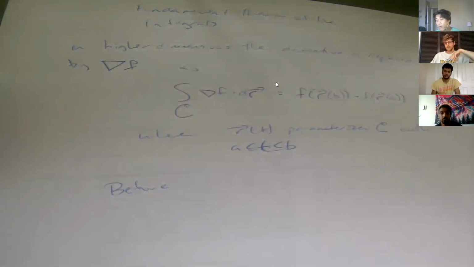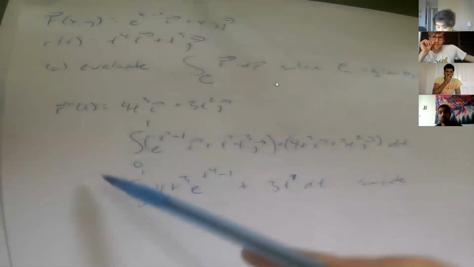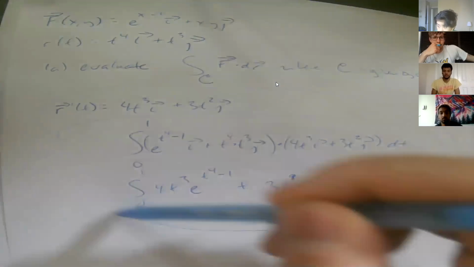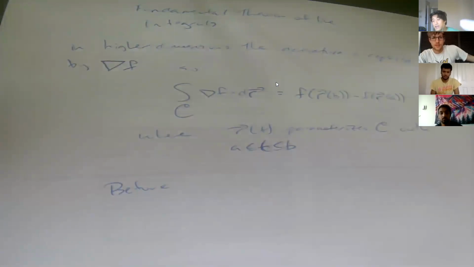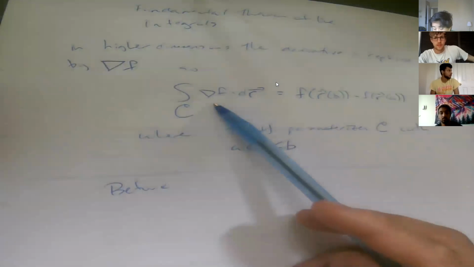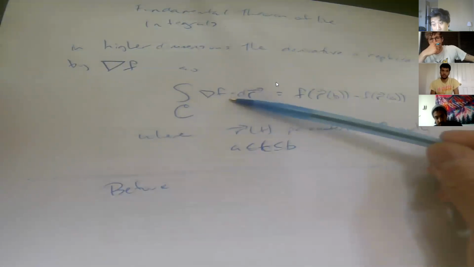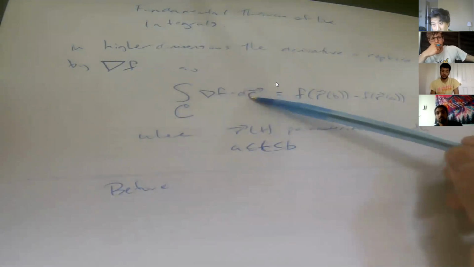But what I'm saying here is we don't need to do this part or this part, because if we want to compute this integral, this is exactly like the one we just computed. This is a vector field, and this is the dot product.